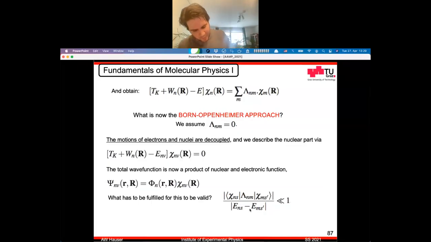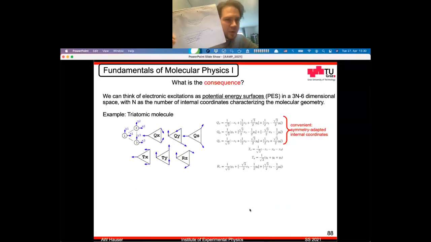It has a different curvature. Therefore, in this case, it's a bit wider. So I would assume that the splitting is less pronounced than it is in the ground state. But I can simply repeat in this potential my way of solving for the nuclear wave function, and I get the corresponding eigenfunctions, and I'm done.